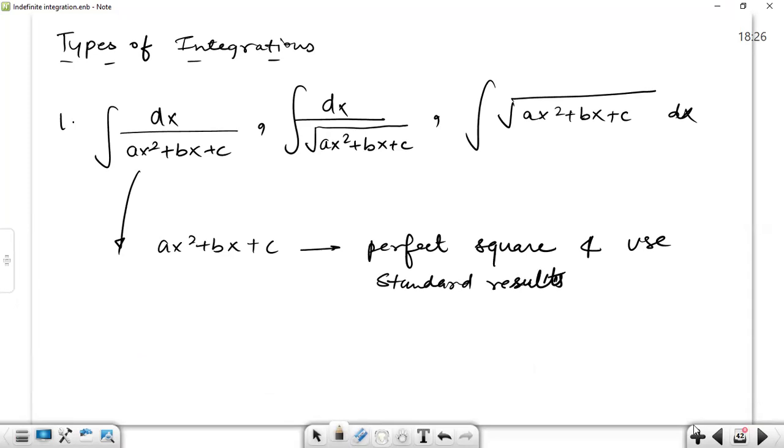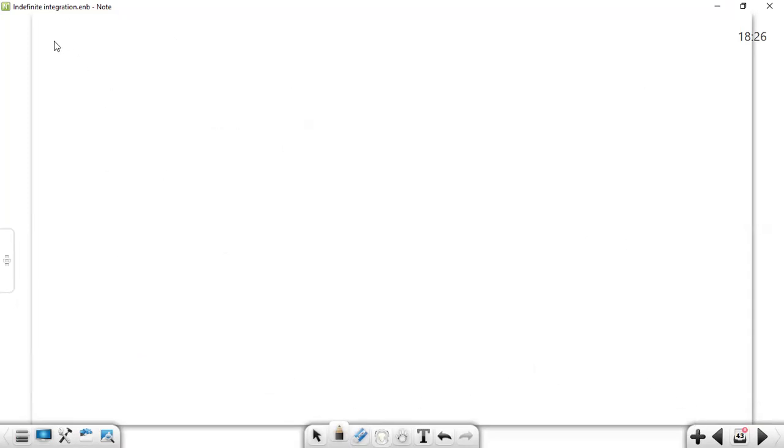Let's solve an example. This is the question. So according to our learning, we'll have to make a perfect square of this format.